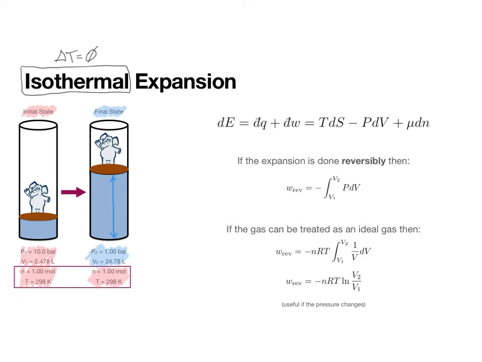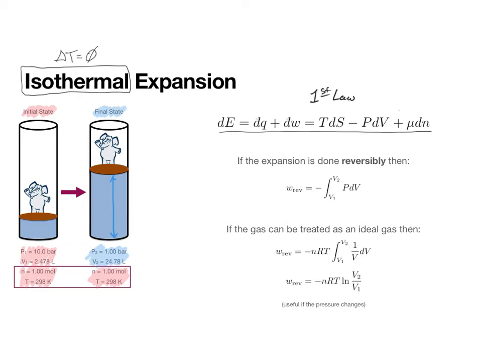So with all of this, we are ultimately going to try to figure out what work is for our system. And so we start, as always, with this definition of the first law of thermodynamics. So where we have that dE equals dQ plus dW, which can also be written as TdS minus PdV.